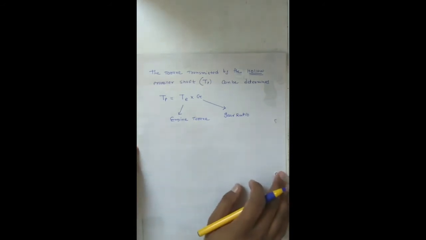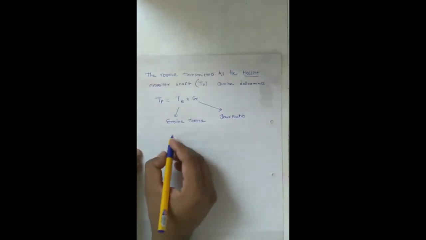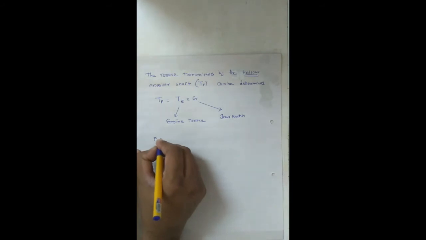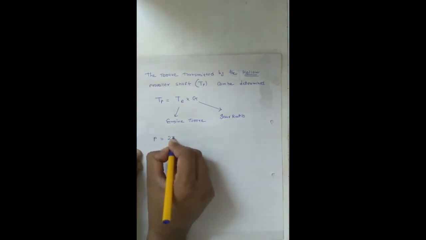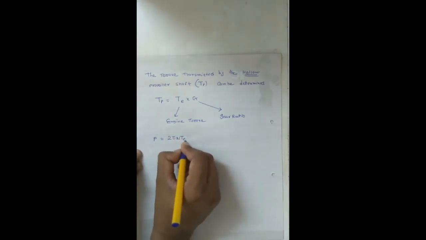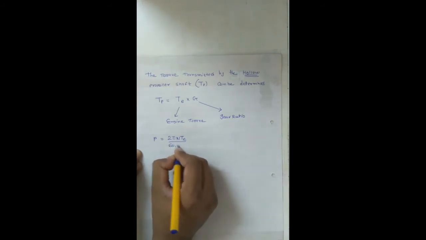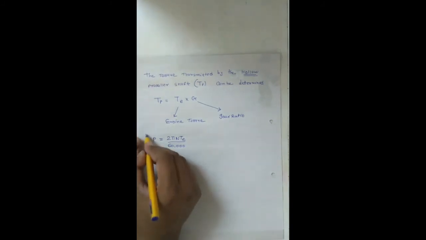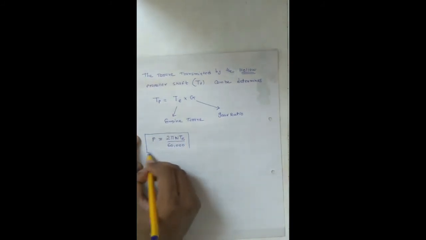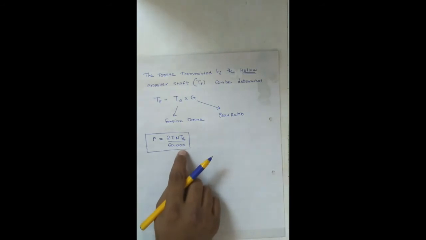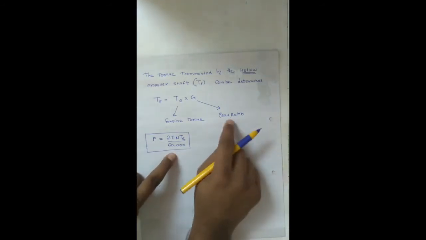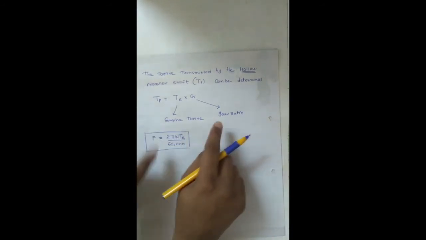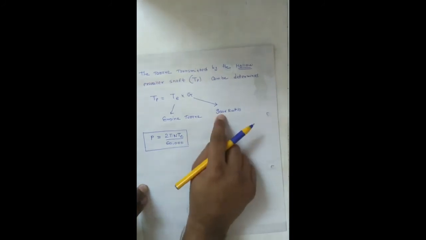Engine torque can be determined by the power: P is equal to 2 pi n T by 16,000. From this equation we can find the engine torque TE, and the gear ratio G is given. By multiplying these two values we get the torque transmitted by the hollow propeller shaft TP.